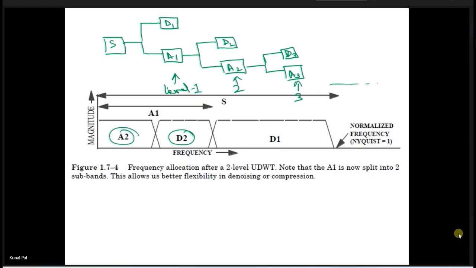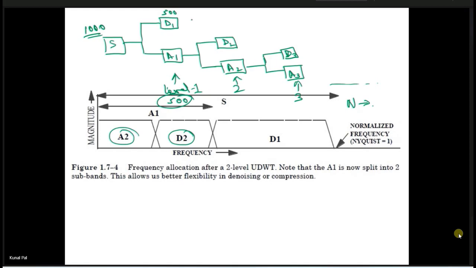Now, in undecimated discrete wavelet transform, there will be no change in the signal length, even if you go for n number of decompositions. However, in the decimated discrete wavelet transform, suppose the signal length is 1000. In level 1, the signal length of both approximate and detailed coefficients would be 500.